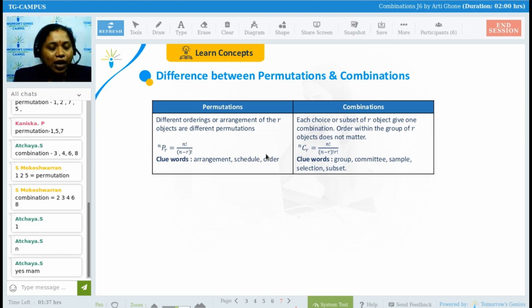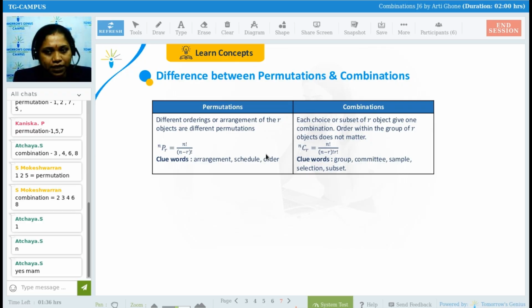Whenever there is a different ordering or arrangement of R objects out of N objects, then we take it as permutations, which is NPR. It is nothing but N factorial upon N minus R factorial. The clue words to identify that an example relates to permutation are arrangement, schedule or order. Clear? Okay, next. What are combinations?